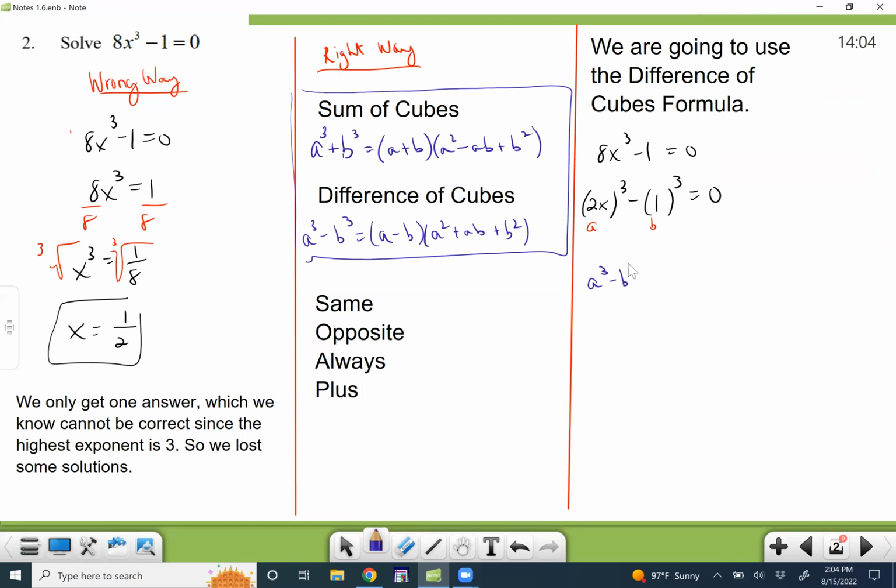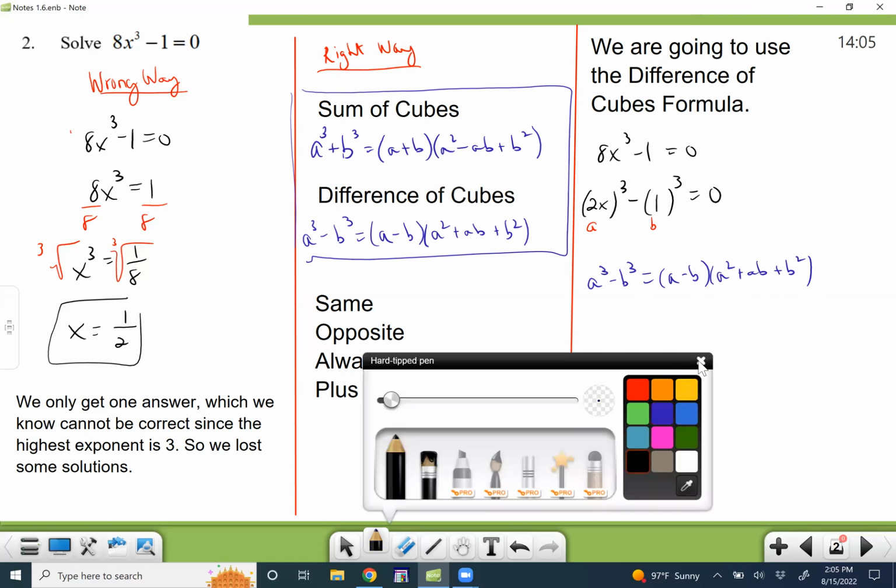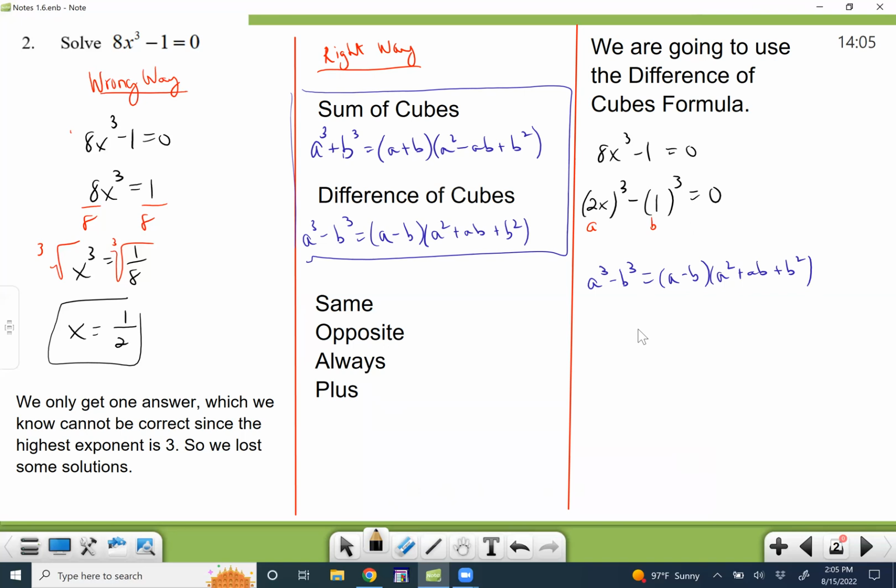A cubed minus B cubed equals same sign, opposite sign, always plus. Okay. All right, so we now know that A is 2x, and we know that B is 1, right? Okay. So if we were to fill this out, we only fill out the right-hand side, by the way, you guys, okay? You already have the left-hand side. So if I were to substitute this into the formula, we're going to use this side, right?